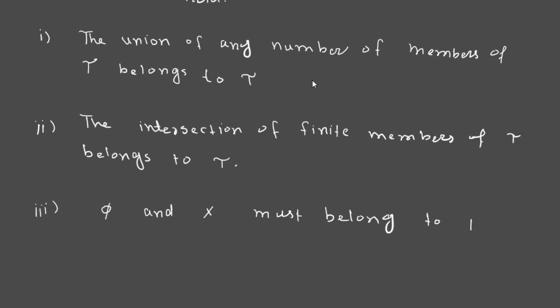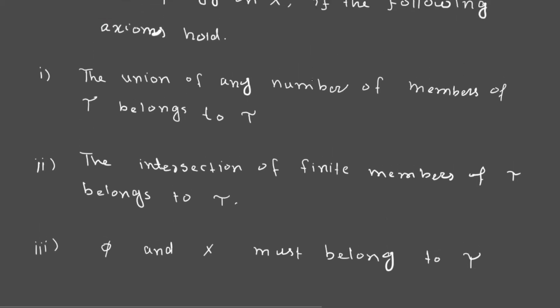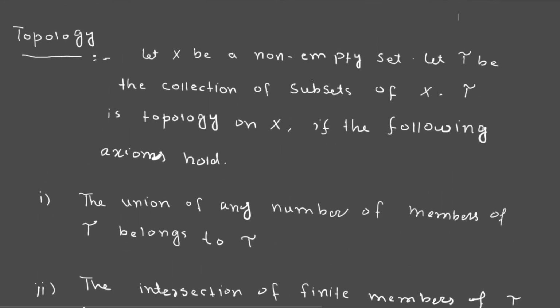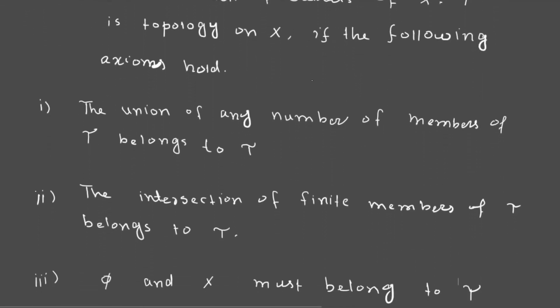So when we look at these properties, remember first there should be a non-empty set, and from it we take a collection of subsets of X, represented by tau, and three properties should be satisfied in tau. The first is that the union of any members of tau must belong to tau. The second is that the intersection of finitely many members of tau must belong to tau. The third is that phi and X must belong to tau.